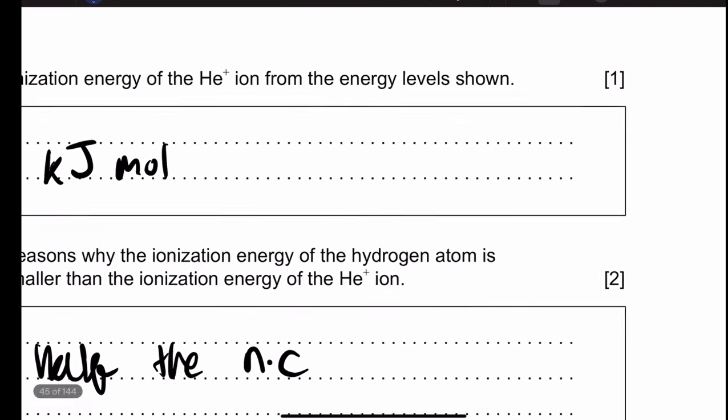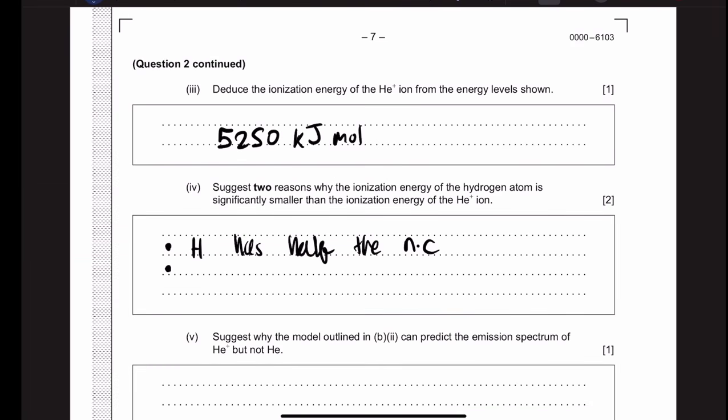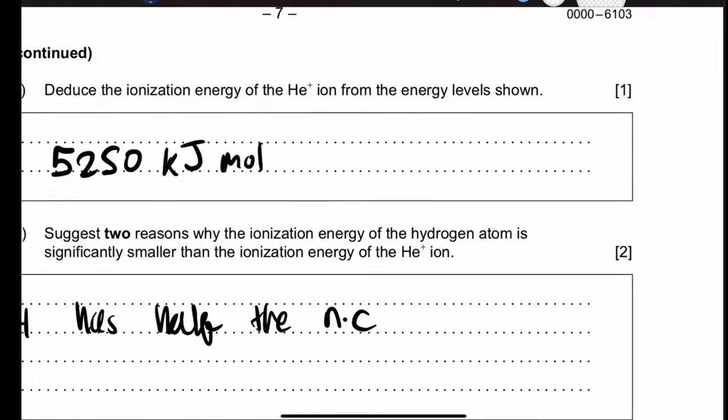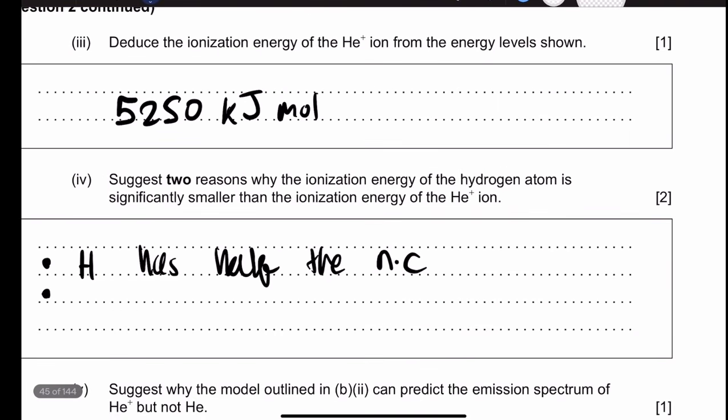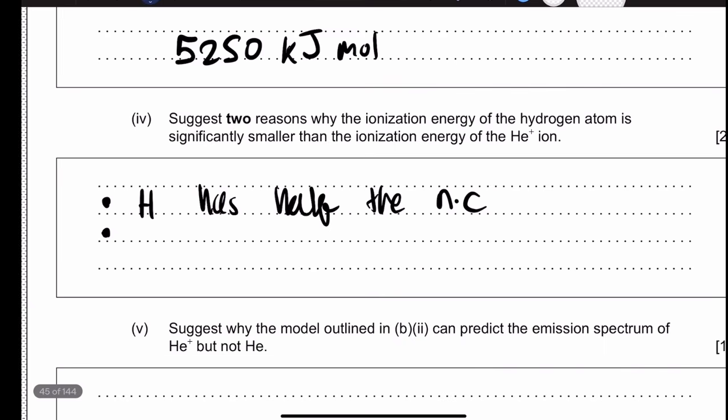we know that helium is an ion, right? And due to it being an ion, the ratio of protons that it has in the nucleus to the electrons outside is higher. Essentially, there'll be a stronger pull, and that means that its ionic radius is going to be quite small, and definitely smaller than the hydrogen atom.